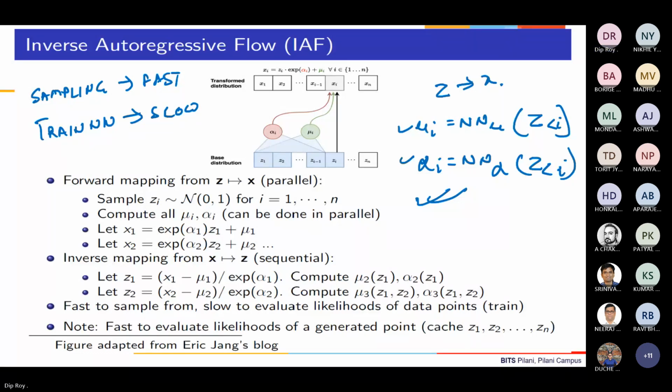Now what you will see here is in MAF, the training was fast and sampling was slow. Here in IF, the sampling is fast and the training is slow. And the only difference between these two models is the role reversal that we are doing.